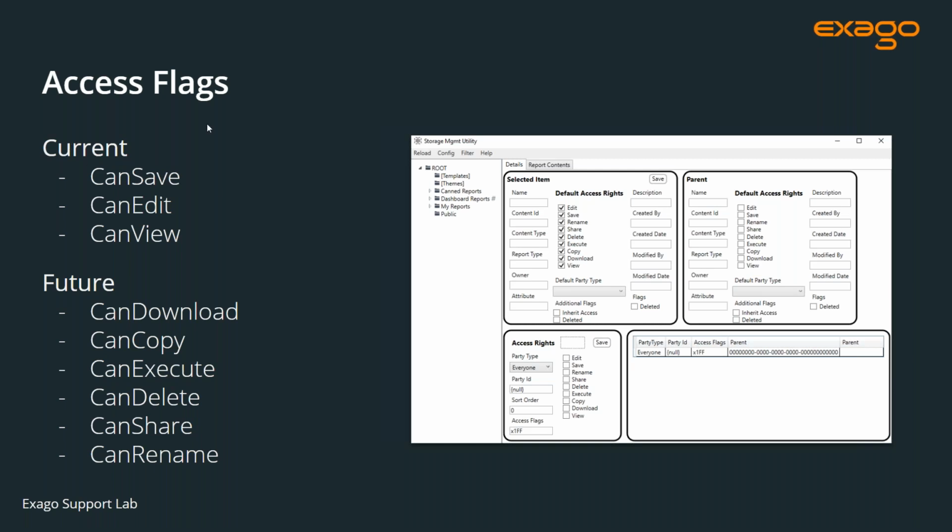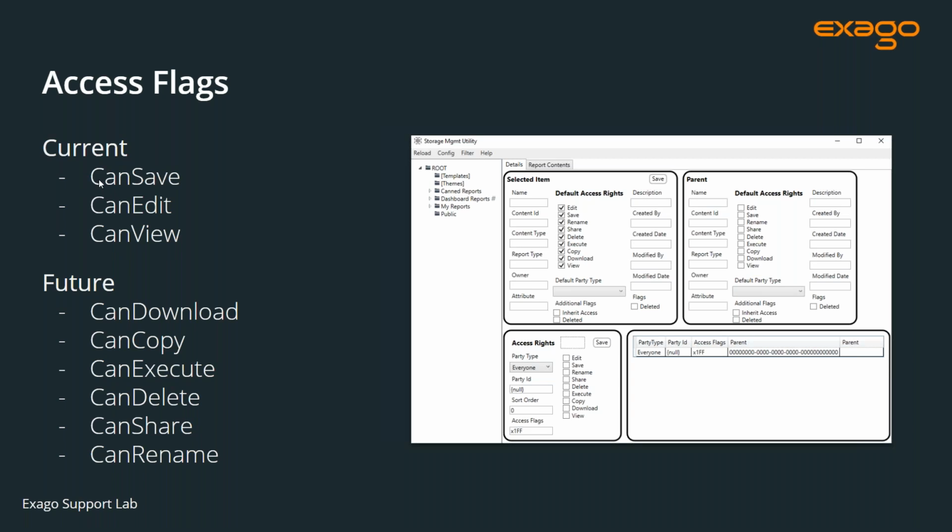And currently in 20.1, our first release, there are 3 key permissions that are implemented, but we've architected this in a way that we'll be adding additional permissions and behavior in the future. So there's a current state and some future enhancements that will be added to 20.1 to allow for some more fine-grained permissioning if you want to allow or disallow specific behavior.